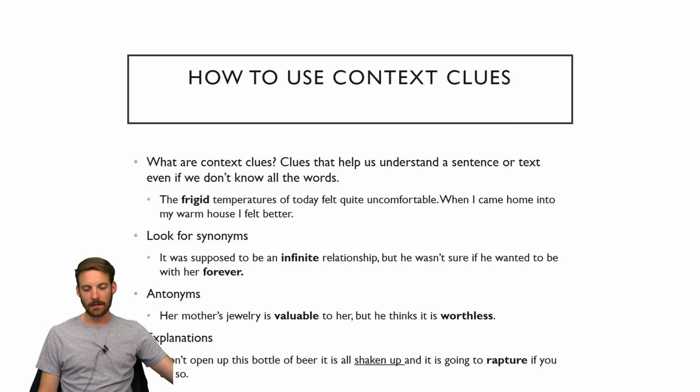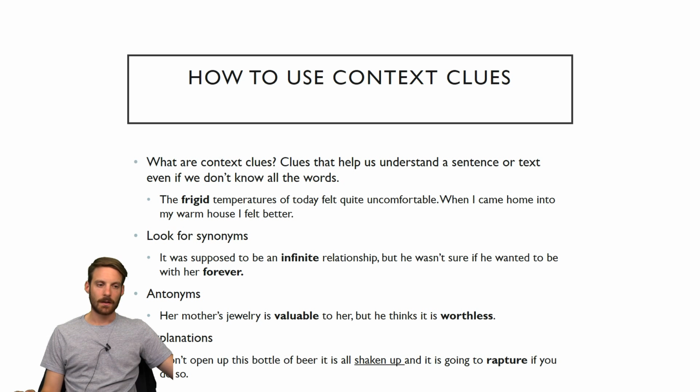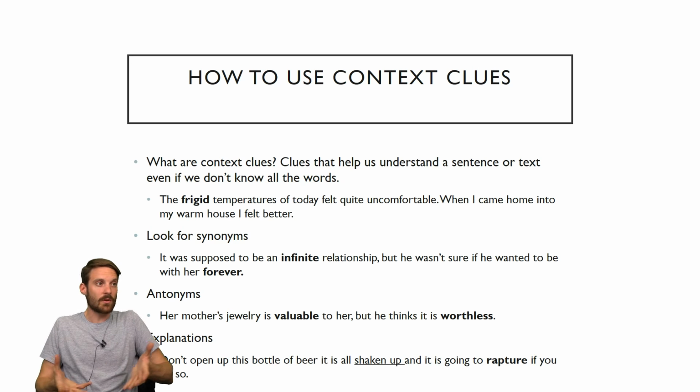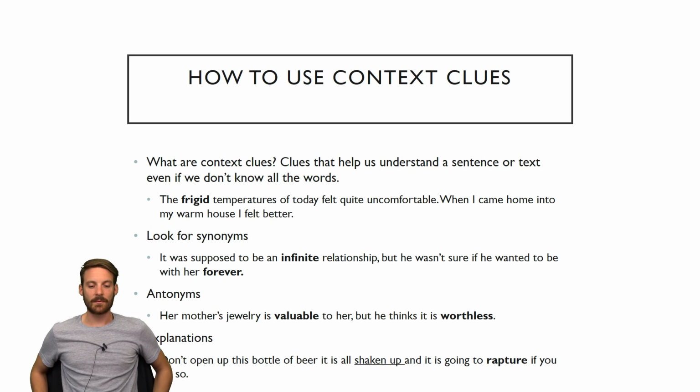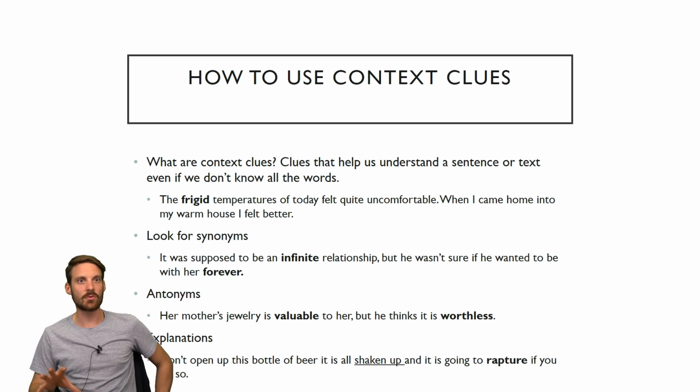So the only explanation here is that rapture means explode. So if you shake a can of Coke, it's going to rapture, or it's going to explode, of course. And yeah, that's basically how you solve this mystery of context clues.